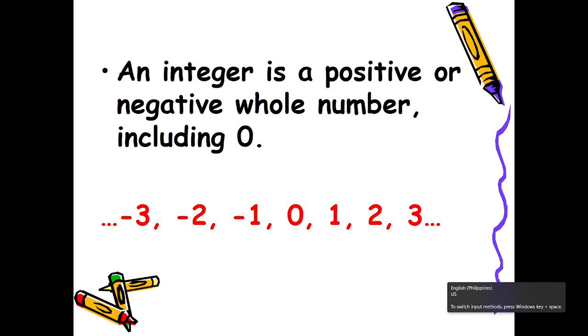So in this definition, we have these three groups: the group of positive numbers, the group of negative numbers, and of course, we have 0. A more comprehensive definition of integer is that it cannot include fractions and decimals, meaning it does not include the rational numbers.